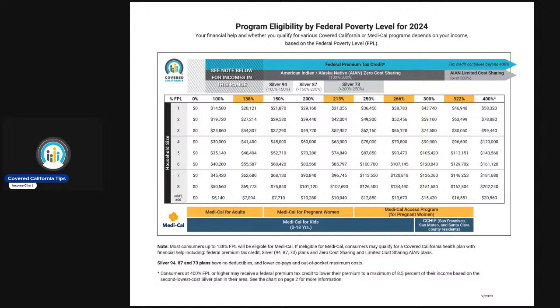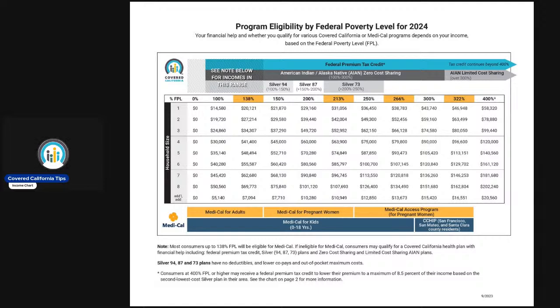But then, as you can see here in the left-hand column on the FPL, the larger your household, the more you're allowed to make. Now, you also need to make sure that these are people you're going to be claiming as dependents. They're going to be on your taxes. So it's not just folks that are living there. You want to make sure that these are actually people that you're taking care of and that are depending upon you.